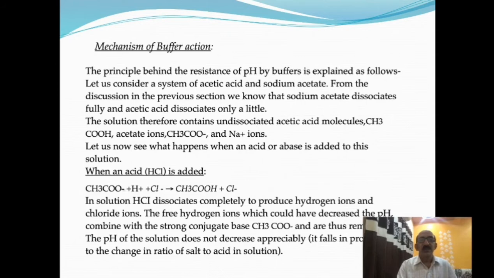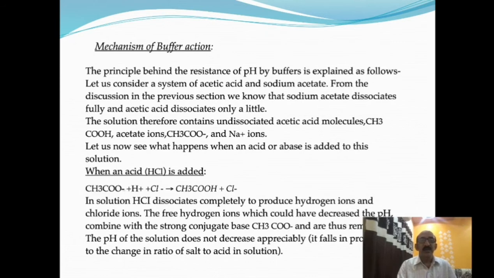From the discussion in the previous section, we know that sodium acetate dissociates fully and acetic acid dissociates only a little. Because acetic acid is a weak acid, it dissociates partially, while the salt of the weak acid, sodium acetate, dissociates completely.